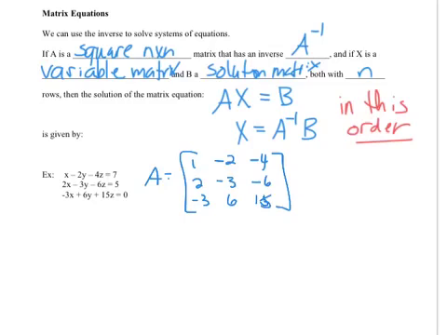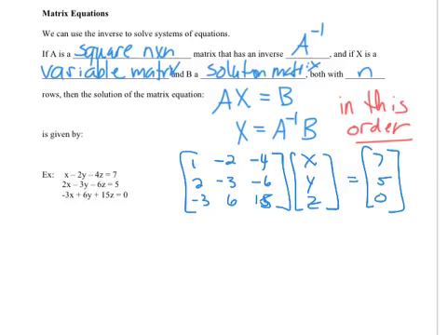There's my coefficient matrix. To that I'm going to multiply my variable matrix, x, y, and z. And that's going to be equal to my solution matrix, 7, 5, 0.